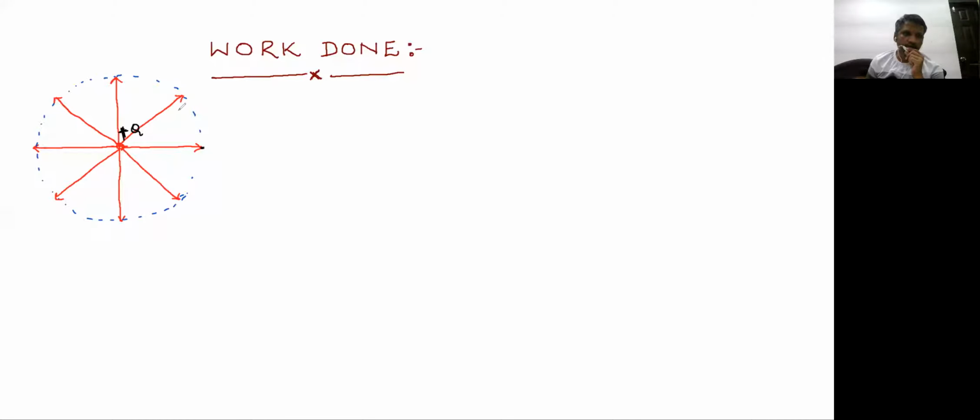Everywhere the electric field is coming out radially outwards. We can say this is the direction of the electric field for this particular line, and this is how the electric field is leaving here. So the electric field direction everywhere is radially going outwards, which we can say is the AR vector.